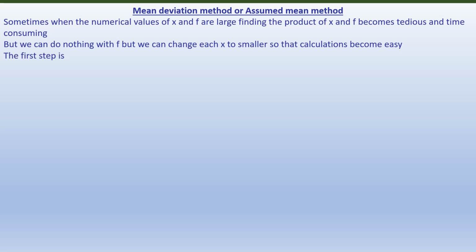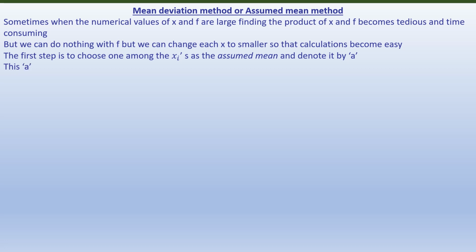The first step is to select one class mark, xi, that can be taken as the assumed mean. I am assuming that this is the mean, and it is denoted by a. Since I am assuming that mean, I have to identify the deviation with all the remaining class marks.